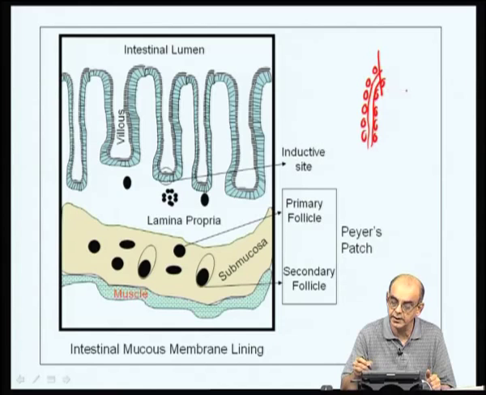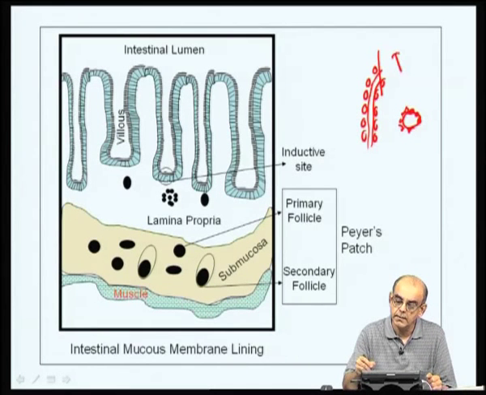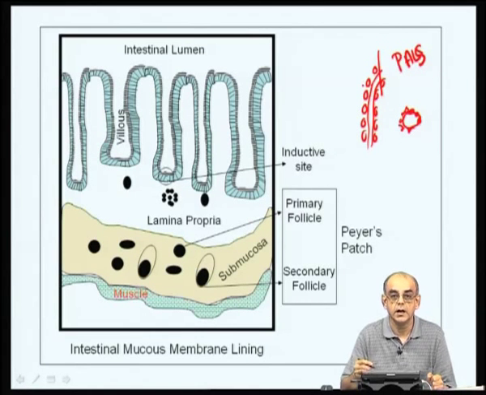If you look at a cross section of this arteriole, you find all these cells aggregating just outside of the lumen of the arteriole. This is called the periarteriolar lymphoid sheath, because these cells are aggregating around this arteriole.